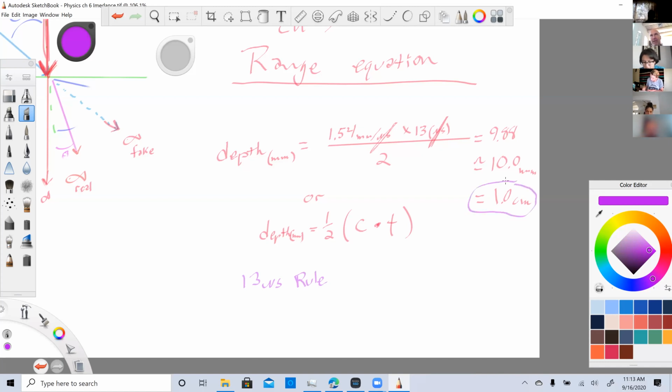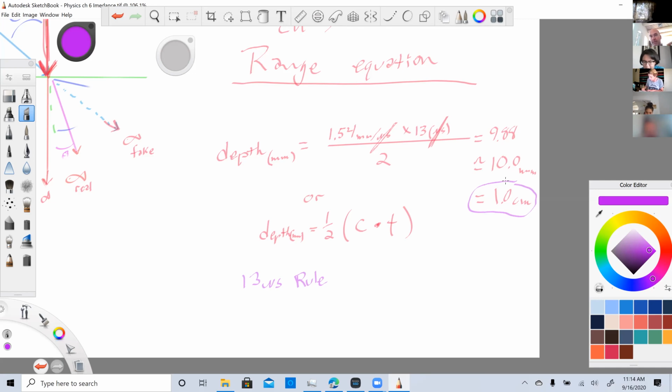And so that's the easy number to work with, right? We wouldn't do a 14 microsecond rule because, just out of curiosity, what would that be? 1.54 times 14, divided by 2, equals 10.8. Well, so 13 is closer to 1 centimeter of go-return.